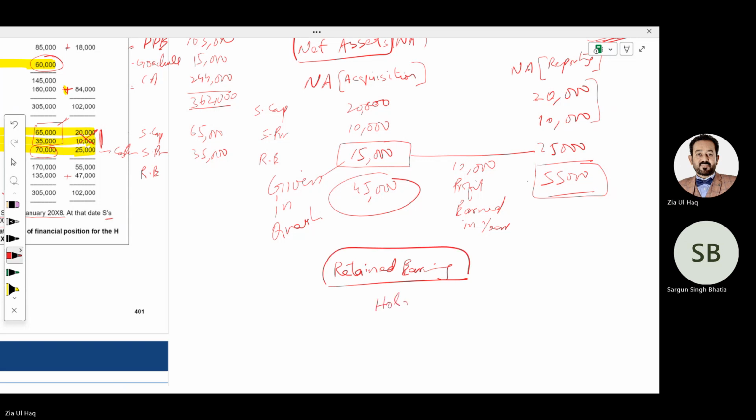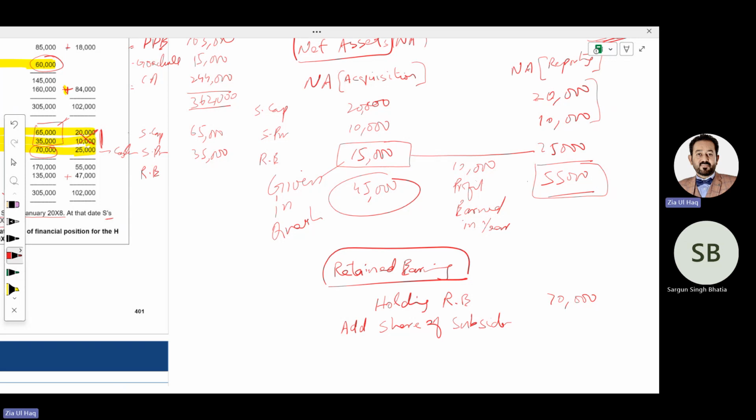Holding retained earning. How much is the holding retained earning? 70,000 plus share of subsidiary.